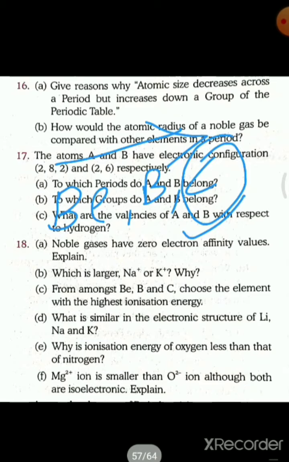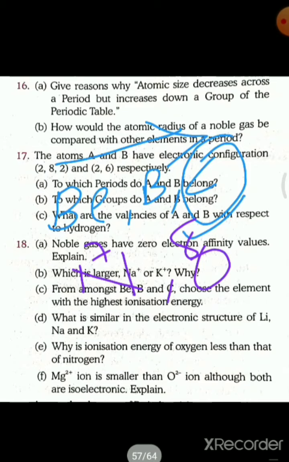Why is ionization energy of oxygen less than that of nitrogen? So why? You know that across a period, your ionization energy increases. According to that, nitrogen comes first, then oxygen, because this one is 7, then this one is 8.